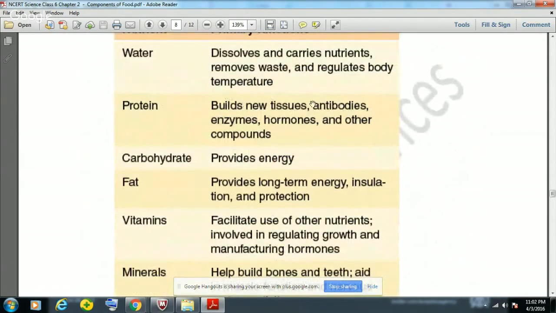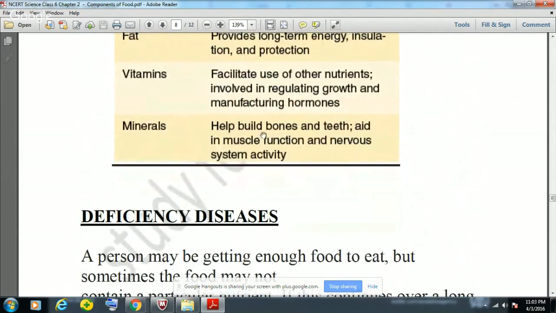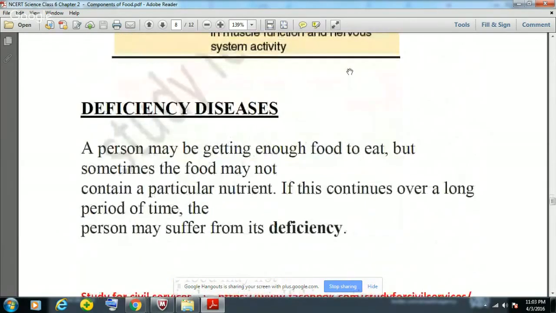Protein builds new tissues, antibodies, enzymes, hormones and other compounds. Carbohydrate provides energy, fat provides long-term energy, insulation and protection. Vitamins facilitate use of other nutrients, involved in regulating growth and manufacturing hormones. Minerals help build bones and teeth, and aid in muscle function and nervous system activity.